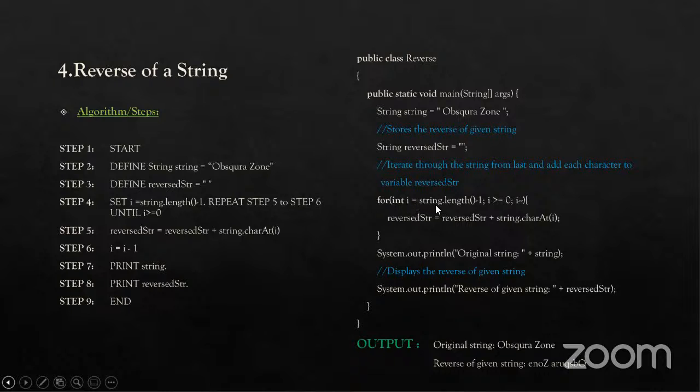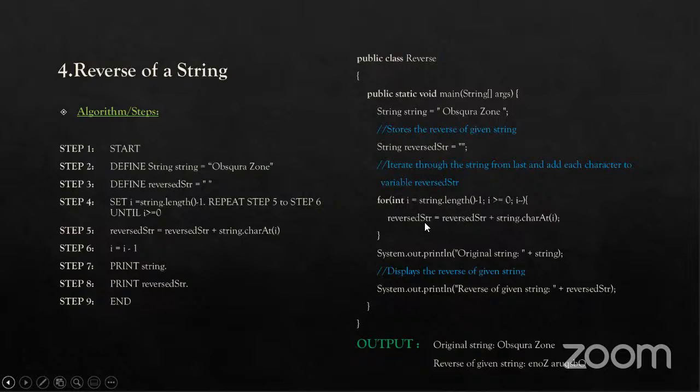So int i equal to str.length() minus 1, if i is greater than or equal to 0 only, we can enter this loop. Inside this loop we store each character, that is character at i.